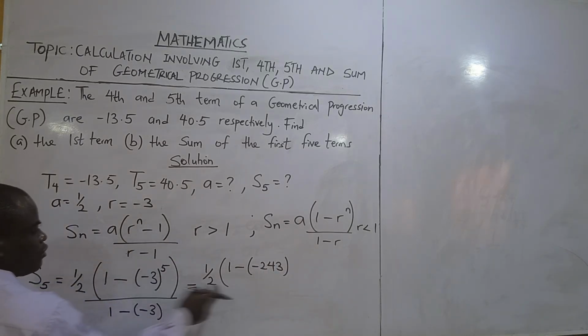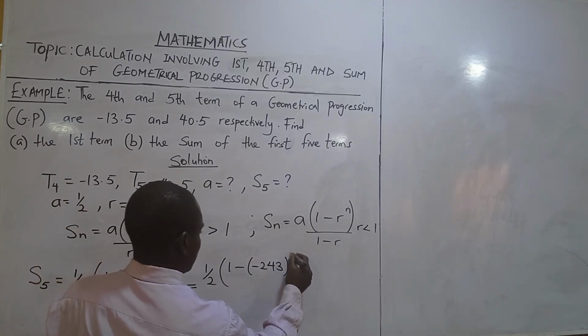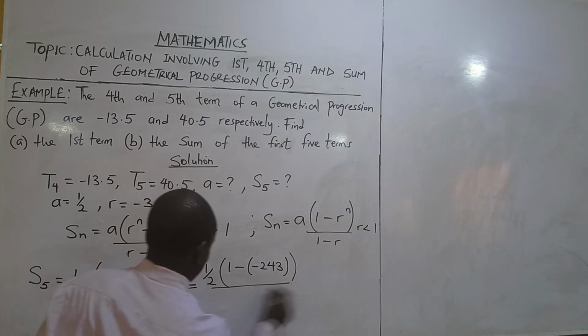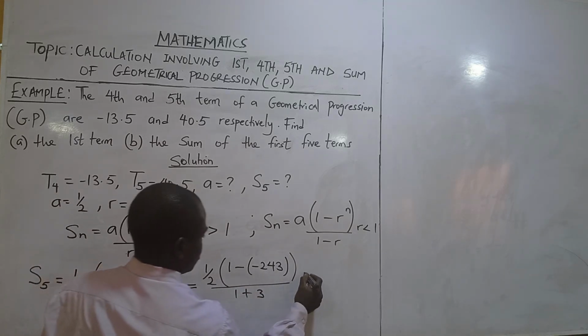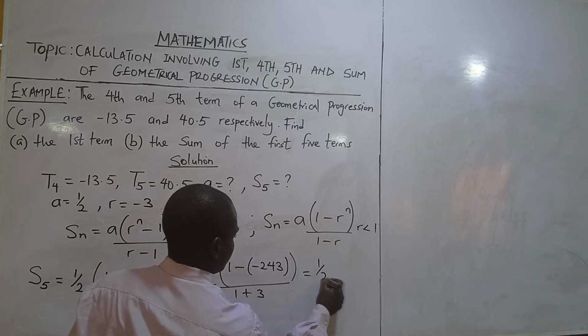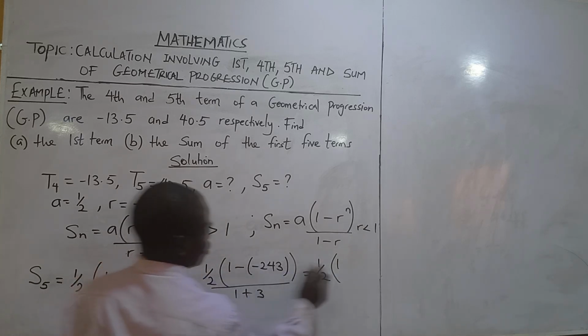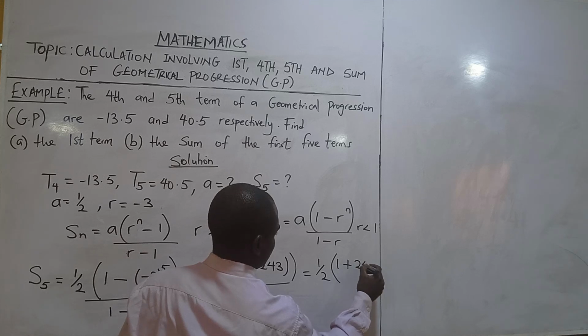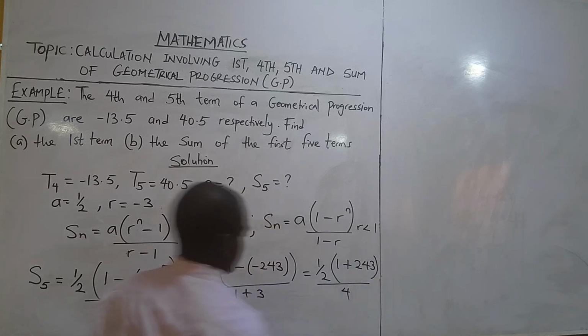Minus 3 raised to power 5 is minus 243. So half into bracket 1 minus minus 243, over 1 plus 3. Negative and negative is positive, so half, open bracket, 1 plus 243, close the bracket, over 4.